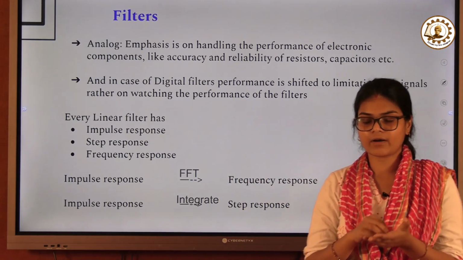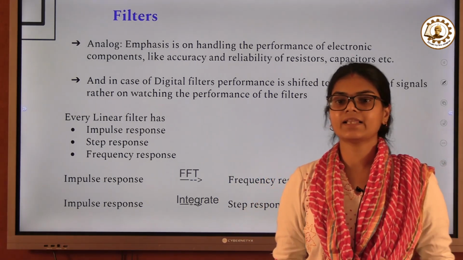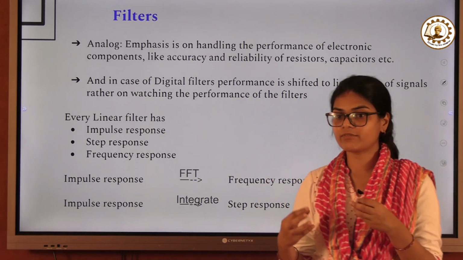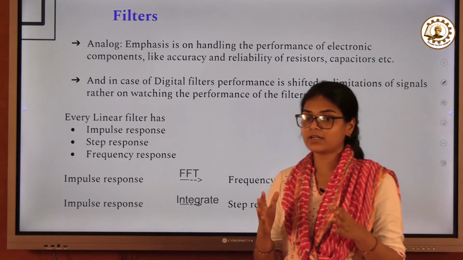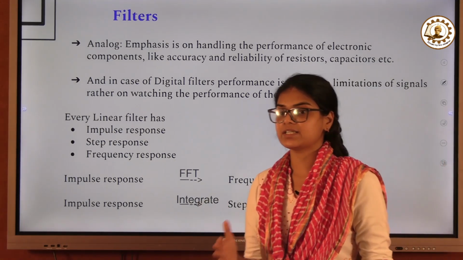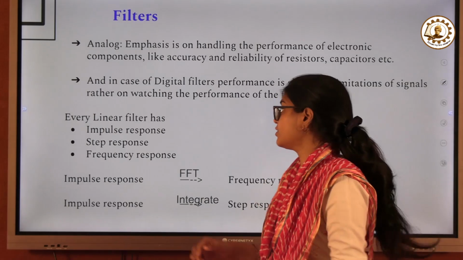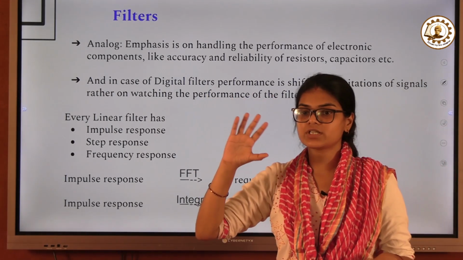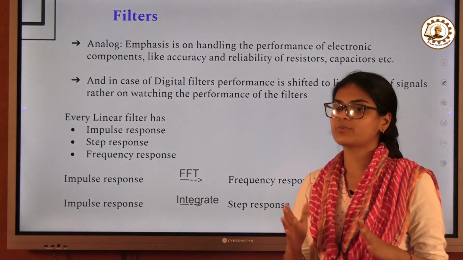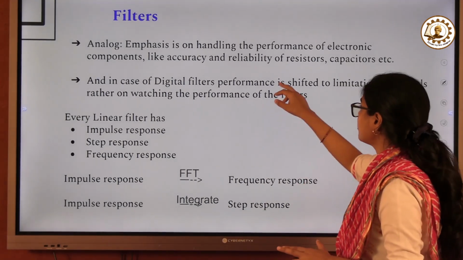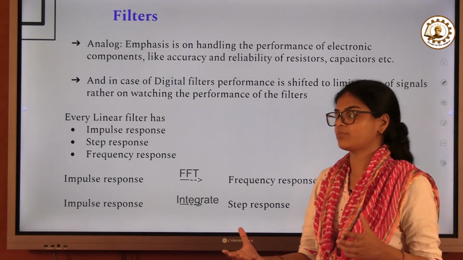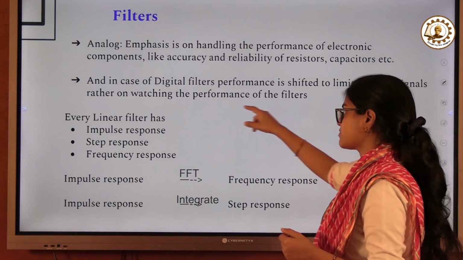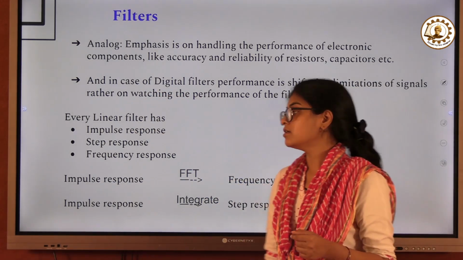The components you use for designing the analog filter, resistors and capacitors, you have to pay attention that they are accurate. When you are designing a digital filter, your focus shifts. You just want your task to be met, so you don't have to think about what is happening to the components. This is another advantage of the digital filter.